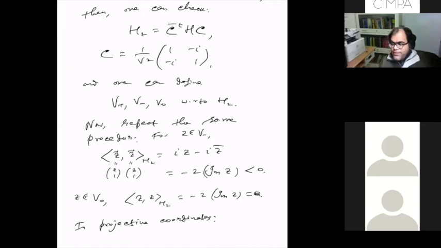Okay. So this gives you, okay, we are already in the projective coordinates.